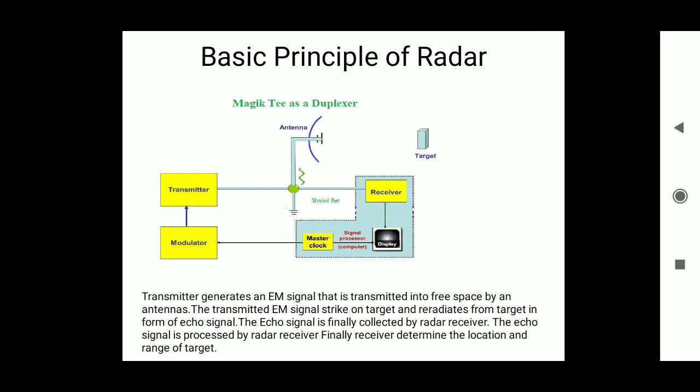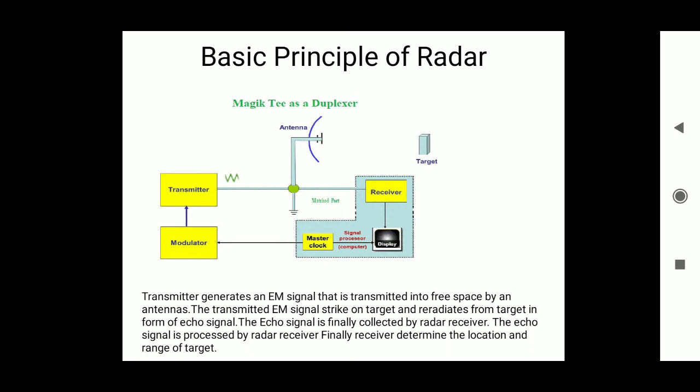You can see this animated image. This is the target. The target may be an aircraft, any vehicle, any moving object or a stable object. So many kinds of targets are possible. This is the receiving or transmitting antenna.